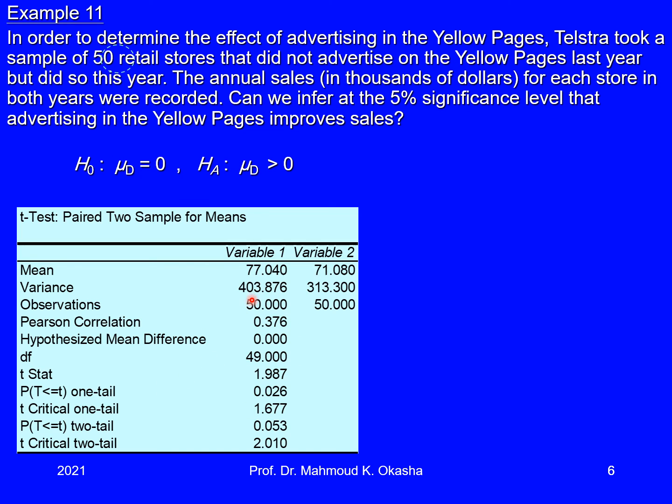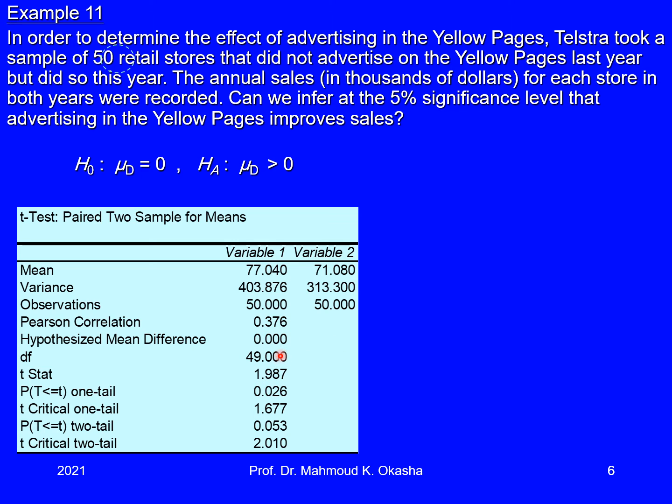So we have means here, 77 and 71, and we have the variances 403.876 and 313.3. And we have observations, the same 50 and 50, and we got the other results. Pearson correlation is not important here.